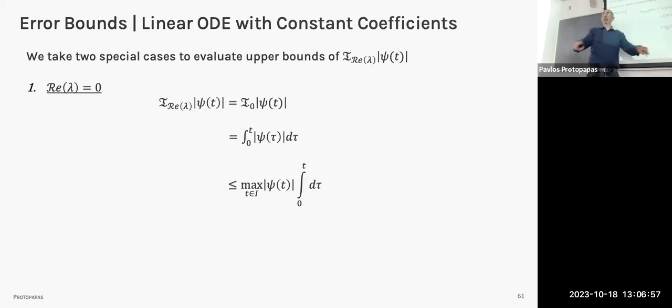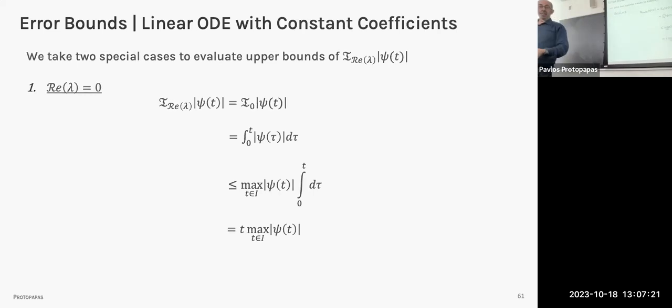I'm just boxing it. If the real value of lambda is 0, it's not going out of control, so I just make a little box and put it in there. Is that clear? This integral is approximated with the maximum value of psi times the range. That's very loose, but that's what you want. It is loose and it's only good when lambda is equal to 0.